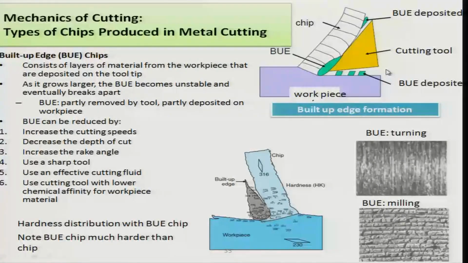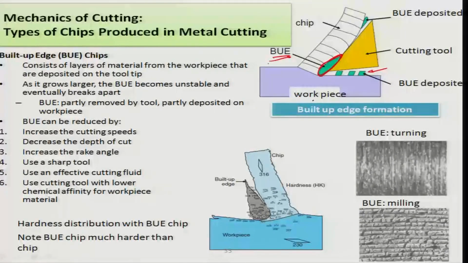On the other hand, because of the built up edge formation on the top of the tool, it acts like a virtual material of higher hardness and starts grazing the workpiece, thus protecting the tool life. So it is really a trade off between the surface finish and the increased tool life that you are involved in when you analyze the situation where machining happens with built up edge.